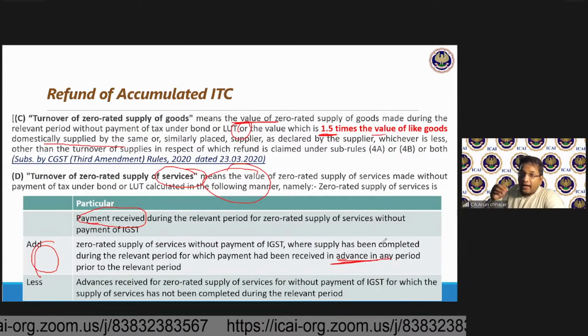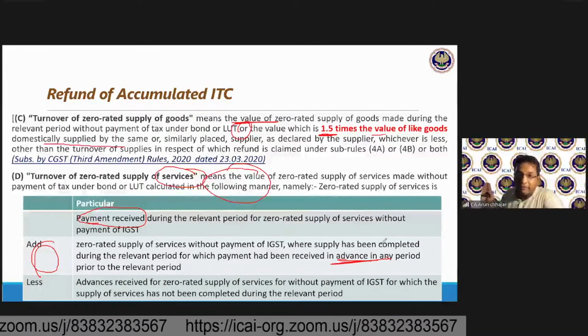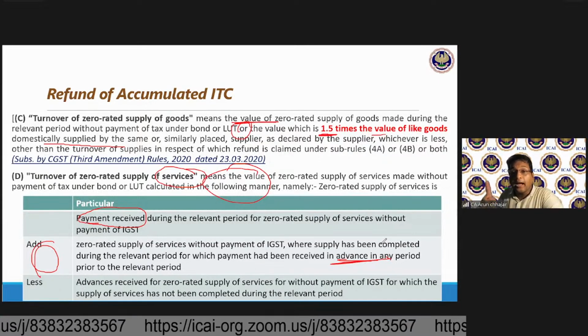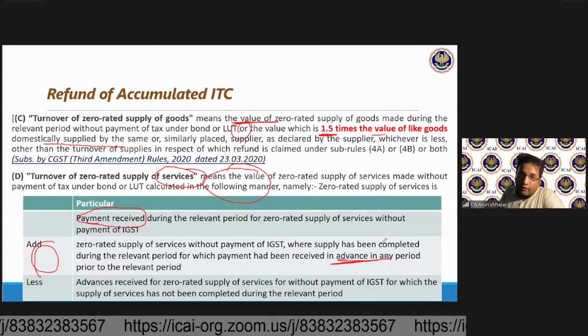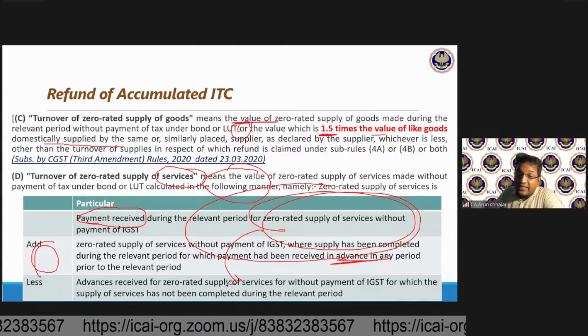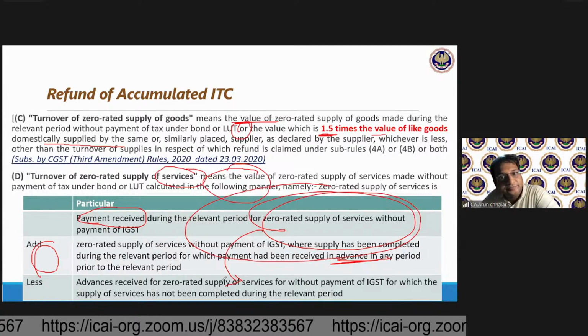So let's say I have raised one tax invoice in the current month, but for which amount has already been received in the previous tax period. This will be added, and deducted if in this month, out of the payment being received, there is any advance for which I have to give the supply in a future tax period.